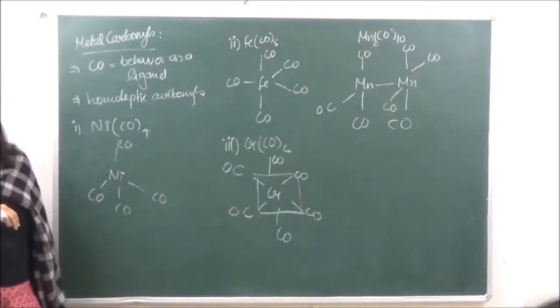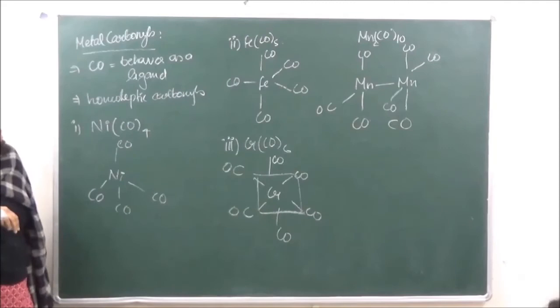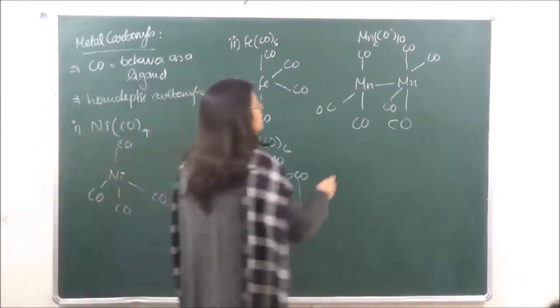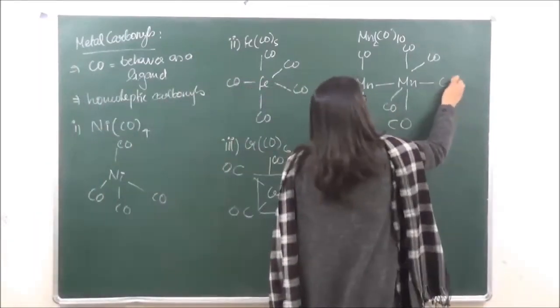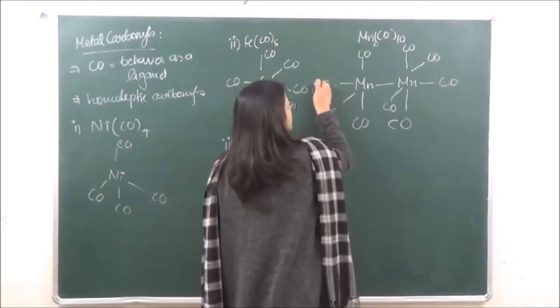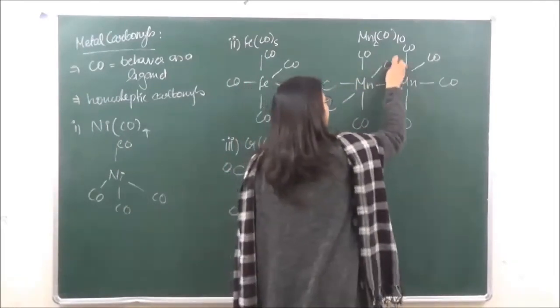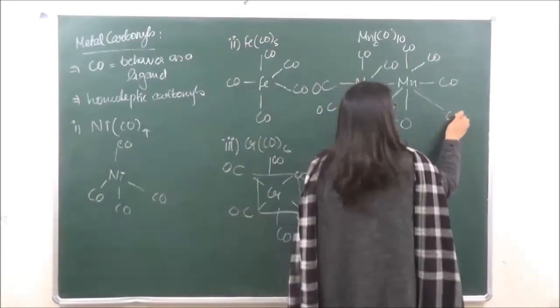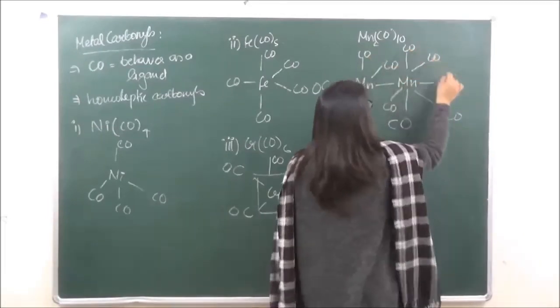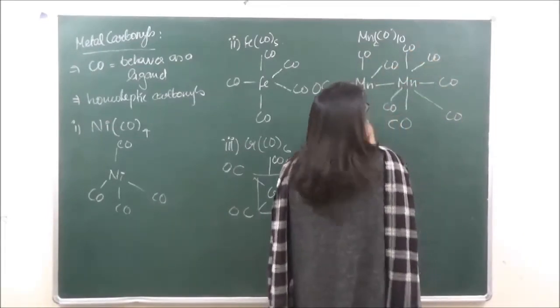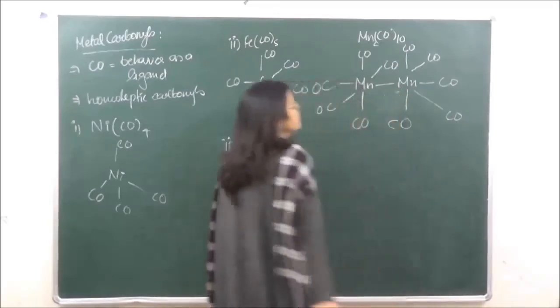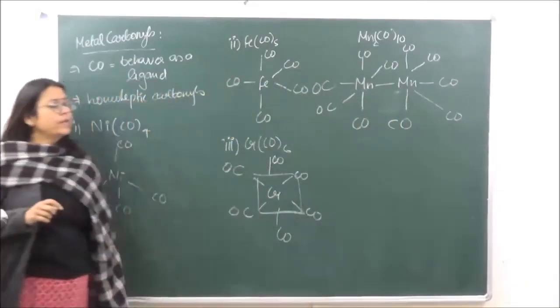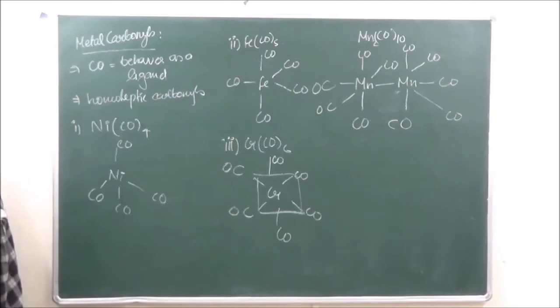So 10 carbonyl groups means we have, how many have we made? 6. Right? So 1, 2, 3, 4, 5, 6, 7, 8, 9, 10, 11 are made. Okay, so this is going to be Mn2(CO)10. So this has a bridging manganese in this.